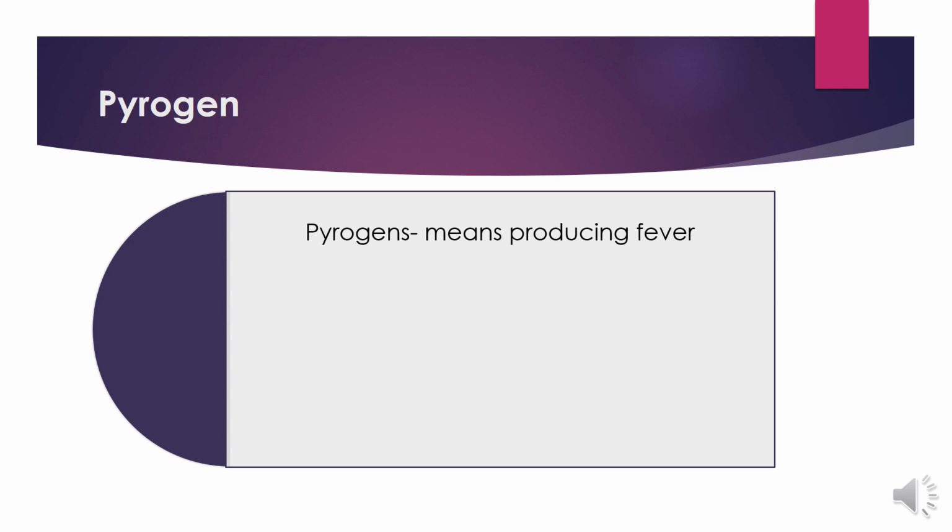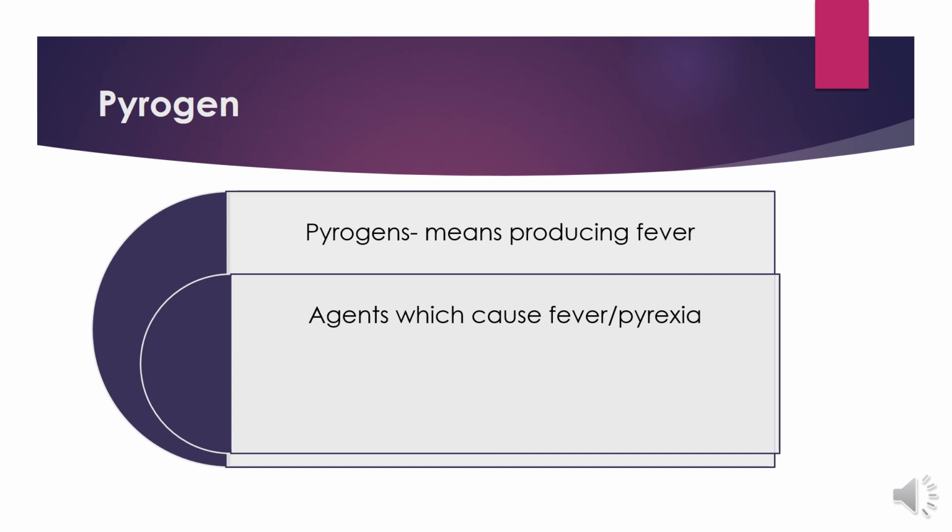So in simple terms, we can say that these are the agents, the chemicals, which cause fever, pyrexia, or we can say a rise in the body temperature of humans or especially in animals. So these are the fever producing agents.